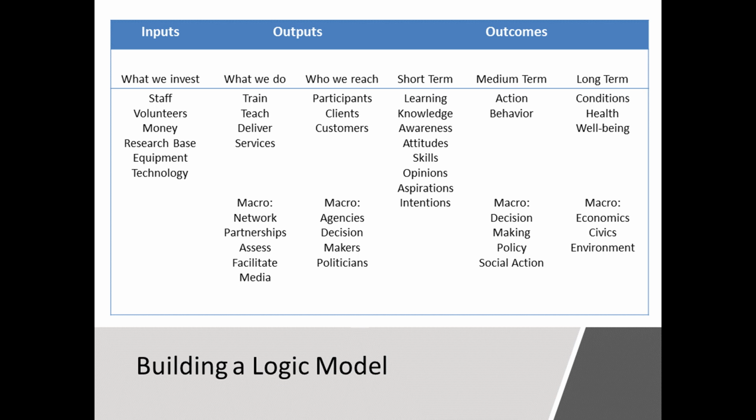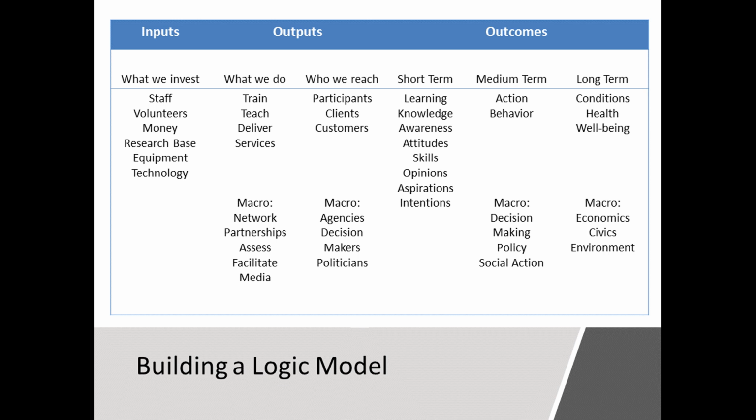Because if you're in a hospital or a health system, you actually have more data available to you than you realize. But you have to think about where people are in the system and figure out how you're going to track people over time to get that data. So we have a special program devoted to that. But the action or the behavior is really what the medium-term outcomes are.